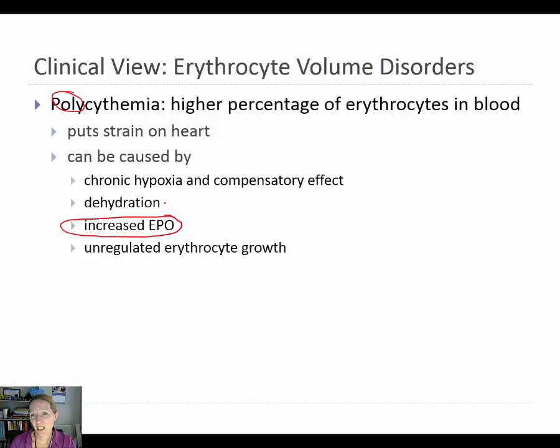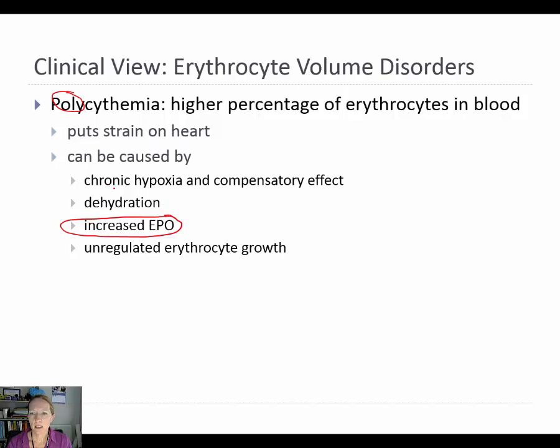Or dehydration can cause polycythemia. If you think about what dehydration is, you have less water in the bloodstream, so you have a higher percentage of erythrocytes in the blood because of it.